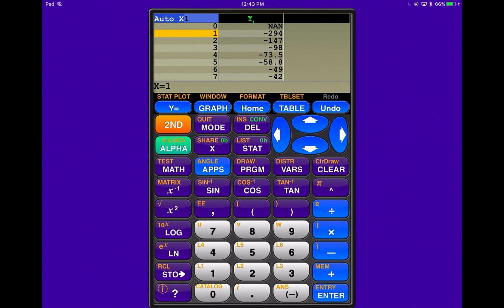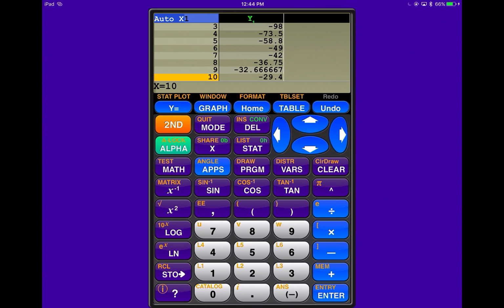Now remember, we're only looking for whole numbers, and we are looking for two whole numbers, an x and a y, that we could add together to get a positive 7. So 1 plus negative 294 is not going to be anywhere close. That would be negative 293. That's not close. We're getting closer. Negative 49 and 6 would be negative 43. Negative 42 and 7 would be negative 35.